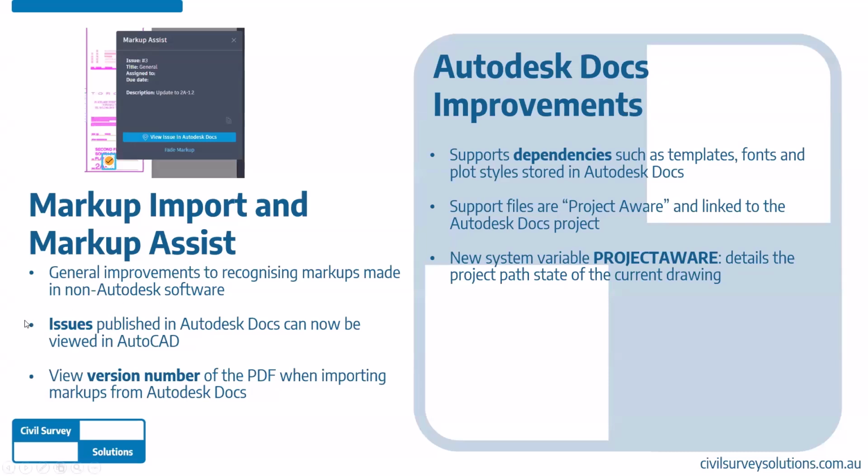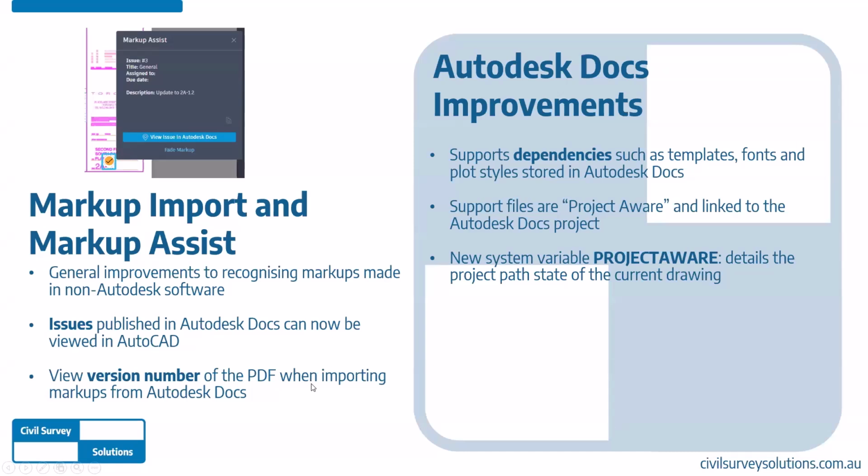In addition, issues created in Docs can now be seen in AutoCAD. So you can see from the screenshot here that the issue has come up. I can see the description and I can even link to Autodesk Docs to view that in more detail. But this was all seen straight in AutoCAD.